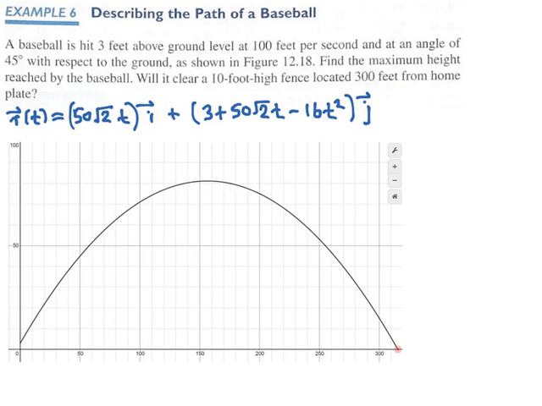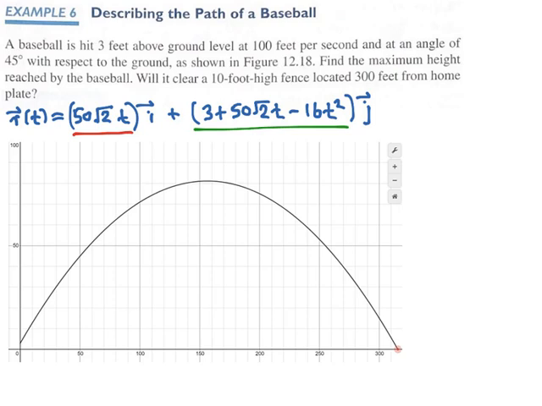So we graphed our vector valued function for the position of the baseball relative to the xy plane as defined previously using Desmos. And the way we did that was we looked at the horizontal component and we looked at the vertical component and treated our vector valued function as a set of parametric equations.